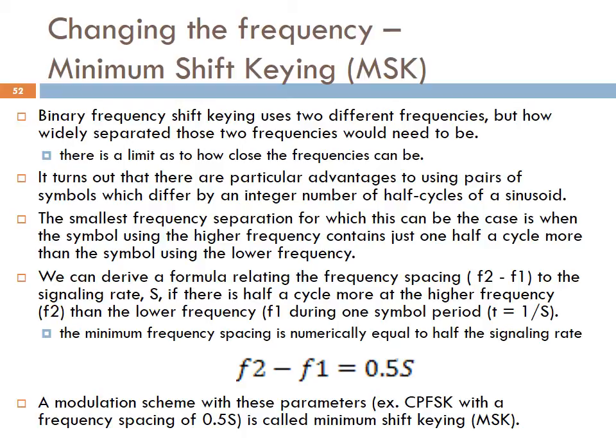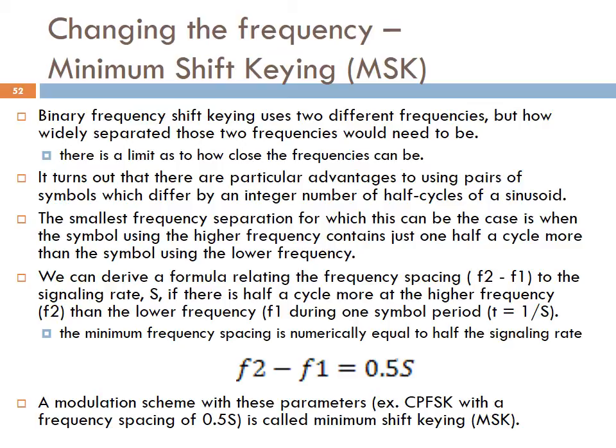So what is the trade-off, or what is the minimum shift keying required for selecting the frequencies of the two symbols in this case? It turns out that there are particular advantages to using pairs of symbols which differ by an integer number of half cycles of a sinusoid.